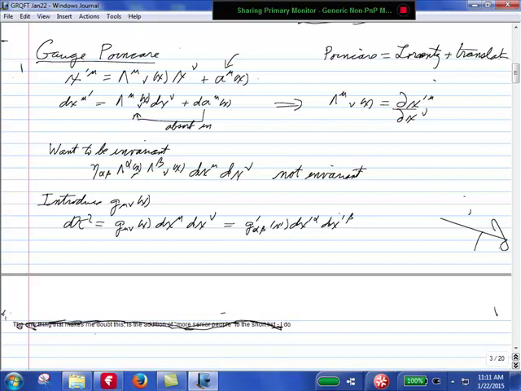So symmetric in mu and nu, minus g_{mu nu}, usual derivative sigma, sorry, backwards. Derivative ∂_sigma g_{mu nu}.